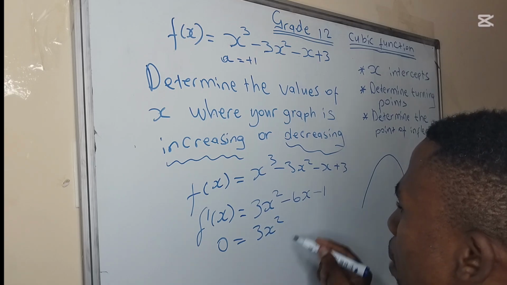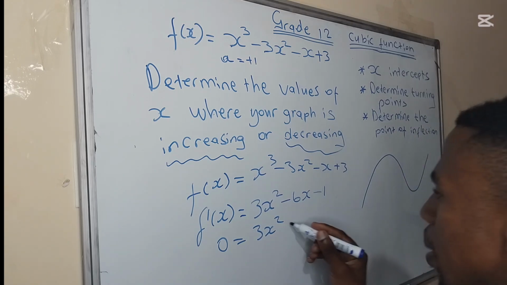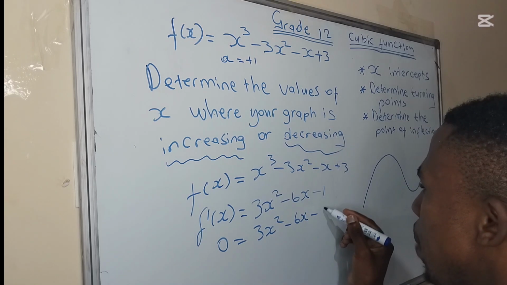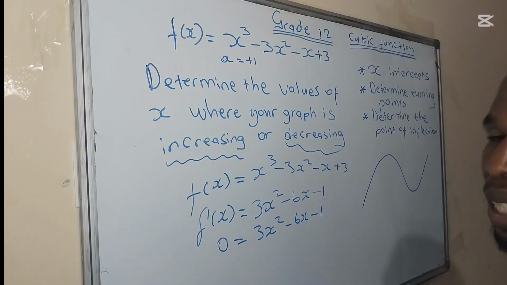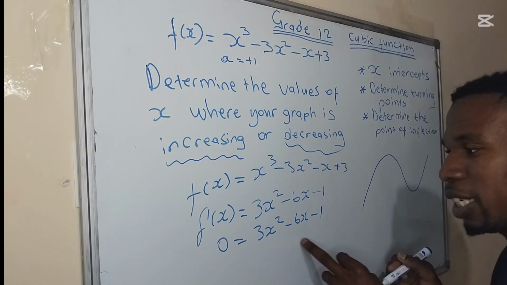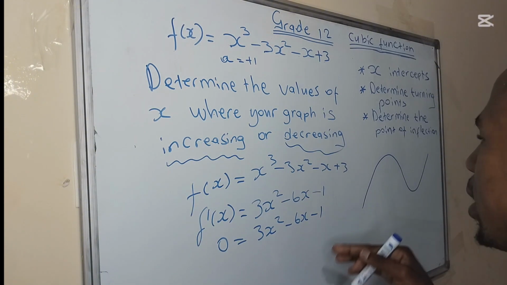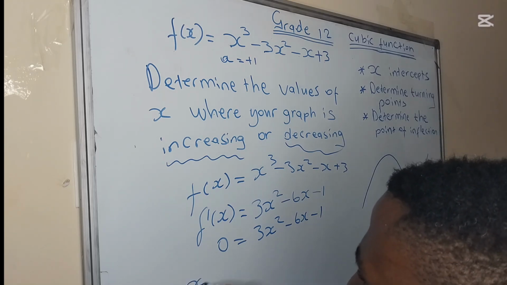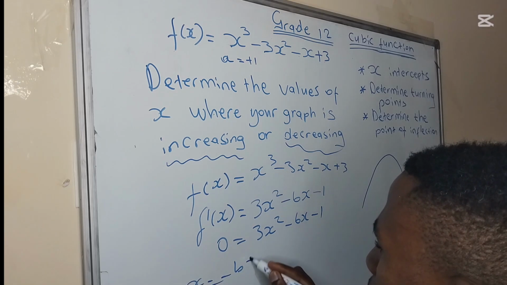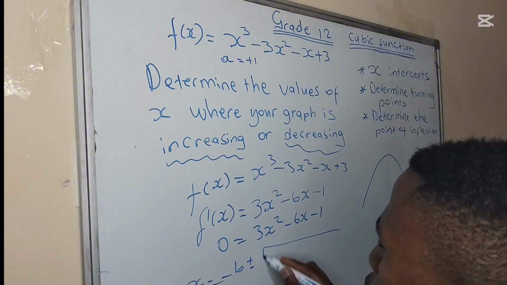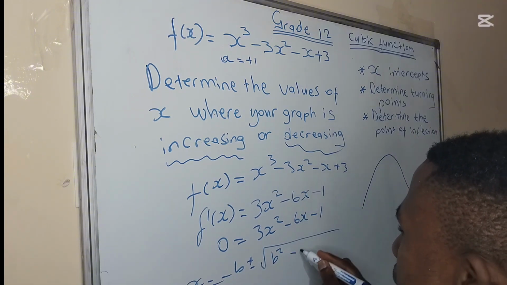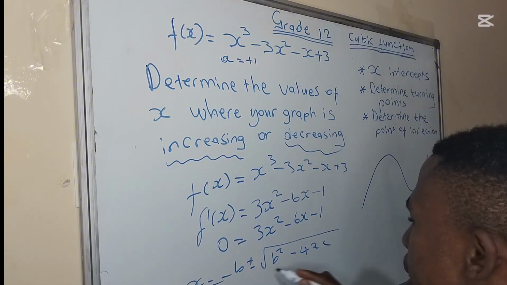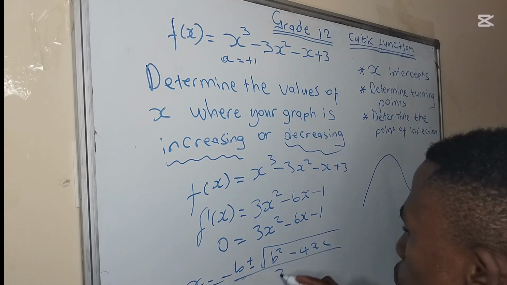So we have 3x squared minus 6x minus 1. Then let's use the quadratic formula because this is a quadratic equation, to find the x coordinates of the turning points. We have x equal to minus b plus or minus the square root of b squared minus 4ac, all divided by 2a.